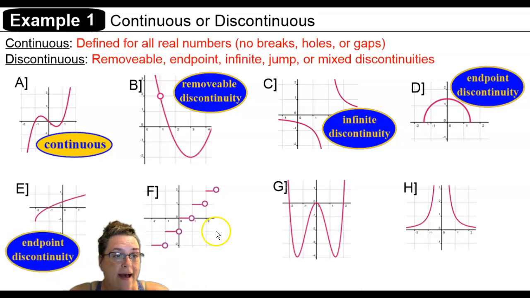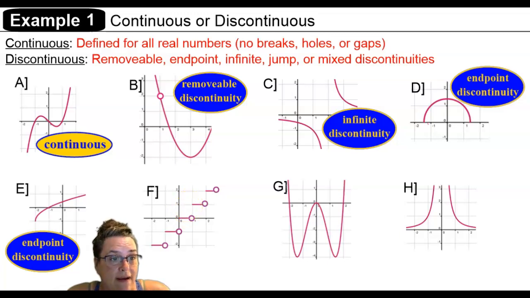Example F, this is the parent graph of the floor function, and if you recall when we learned about parent graphs, the floor function rounds whatever decimal value is inside down to the nearest whole integer, unless it is an integer already, then it stays the same. So the floor of 0 is 0, so there's a closed circle here at the origin. The floor of 1/2 is also 0.